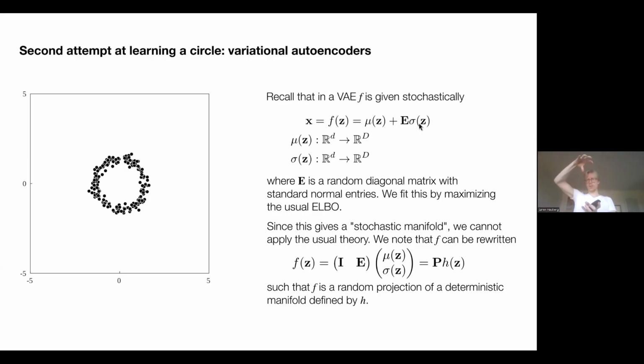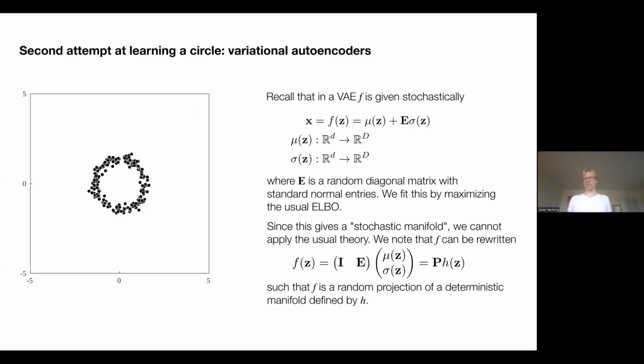I can stack them on top of each other to form a map from the latent space into a space that's 2 times as big as my observation space. And then I can form a random projection, which is recovered by this identity put together with the Gaussian matrix E.